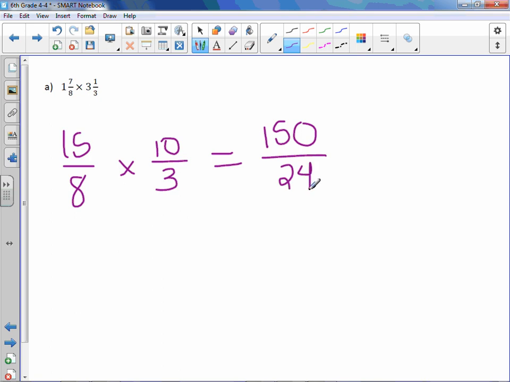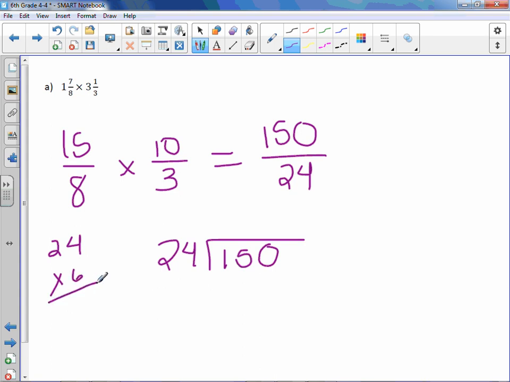Now, this time I'm going to reduce, or I'm going to change to a mixed number, but I'm going to have to do the long division for it. I don't know my multiples of 24 in my head. So 24 into 150. Let's try 6 and see where that takes us. Okay, looks like 6 works.